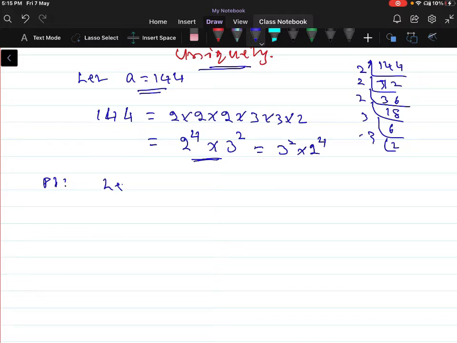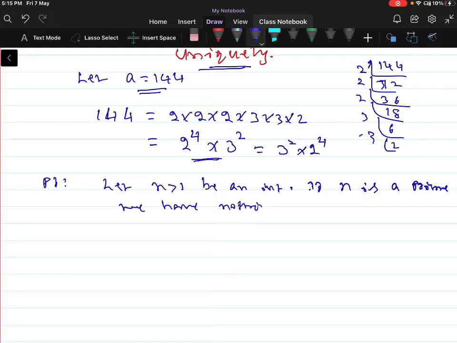Let n be an integer greater than 1. Suppose n is a prime, so we have nothing to do.